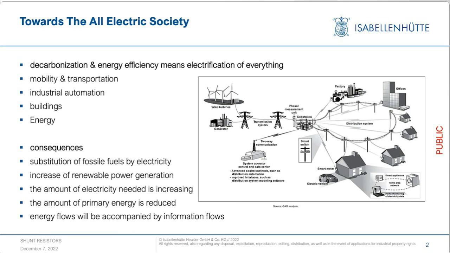And finally, what we also will see is that all the energy flows within the energy system, but also between the different sectors, will be accompanied by information flow to make all this an intelligent or a smart system.